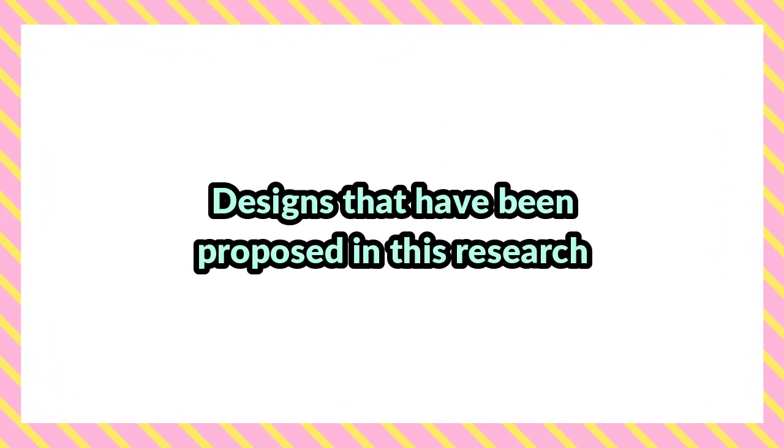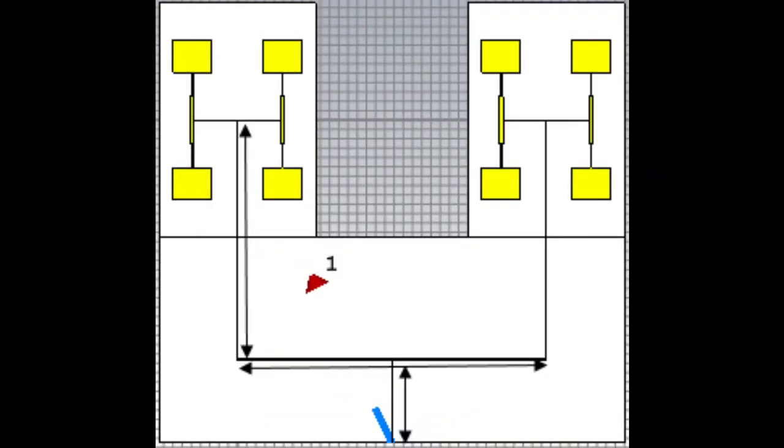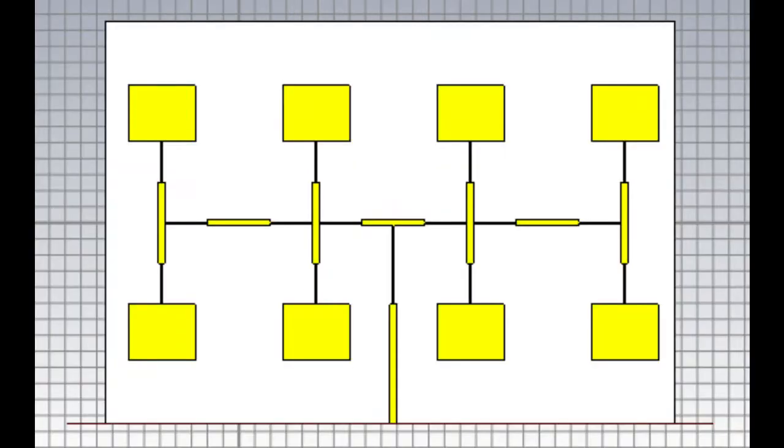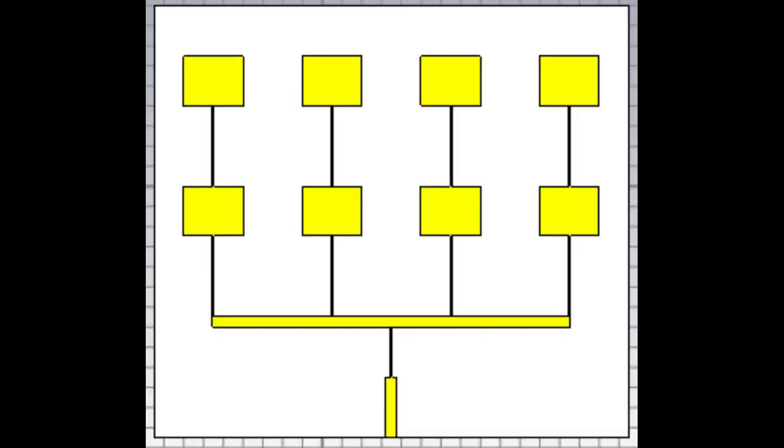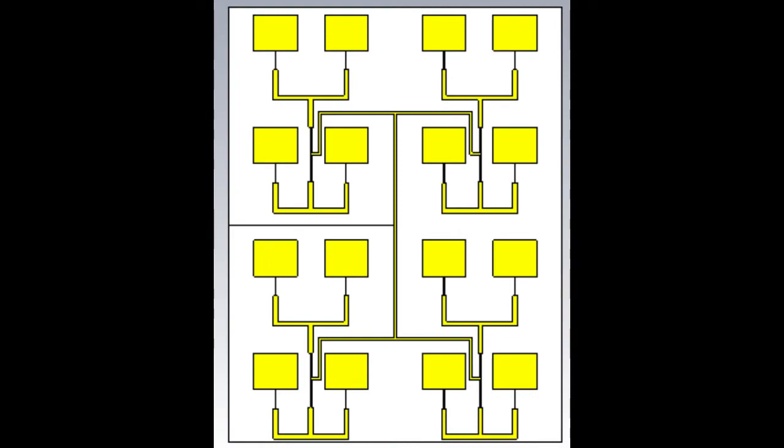There are 4 designs that have been proposed in this research, which are: first, double array antenna with power divider; second, double head-shaped array antenna; third, 4x2 array antenna; and the last one, 4x4 array antenna.